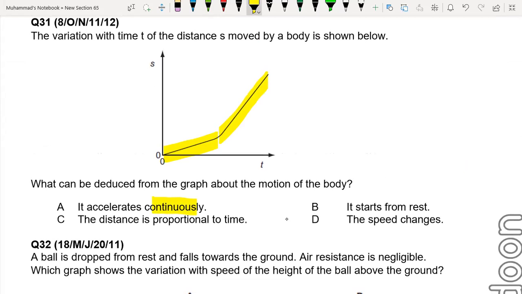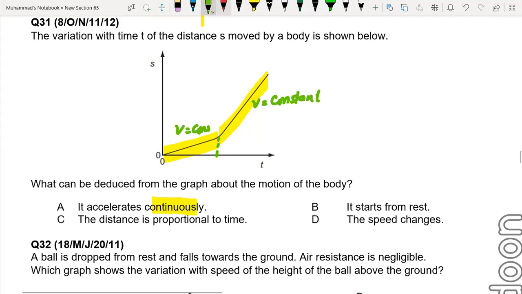The distance-time graph gives us velocity. Over here, v is constant and v is also constant, but has a greater value over here. Acceleration is 0, so it is not continuously accelerating. It starts from rest, okay?